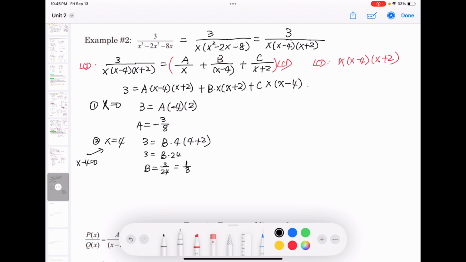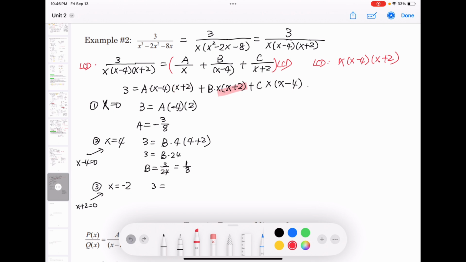What is the last missing information? C. So let's find another convenient value. X is equal to negative 2, because we let x plus 2 be equal to 0. Then we have 3 is equal to, now which two parts are 0? Here and here.